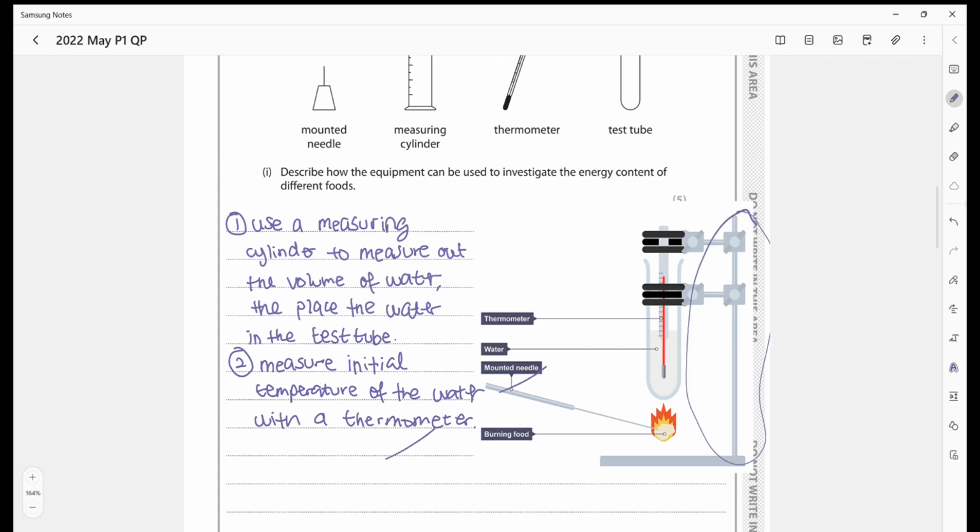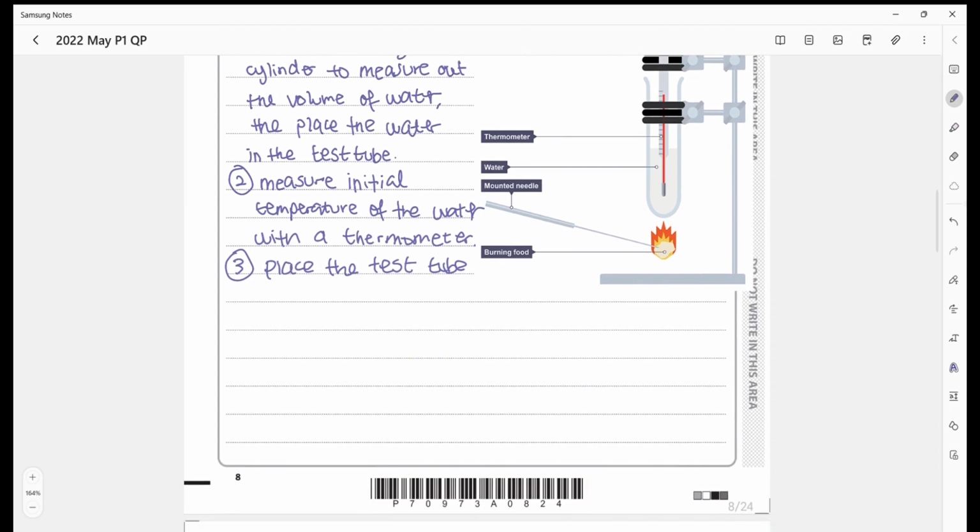Oops, I dropped my pen. Okay, so then we would place the test tube to a clamp stand, and then we would stick the food onto this mounted needle here.